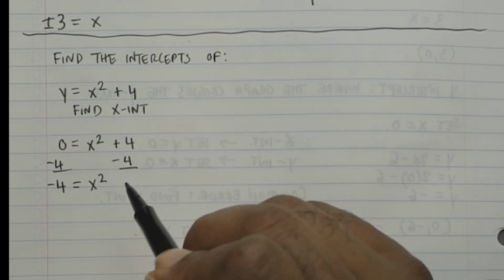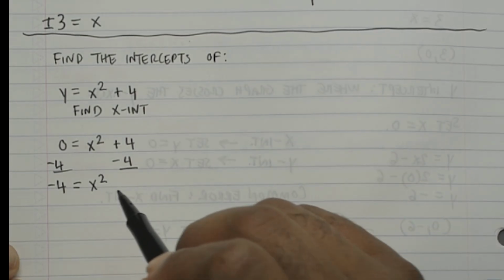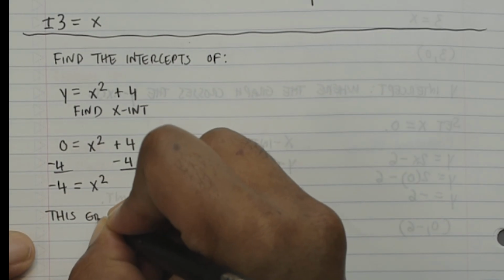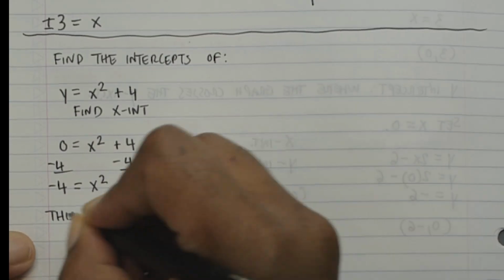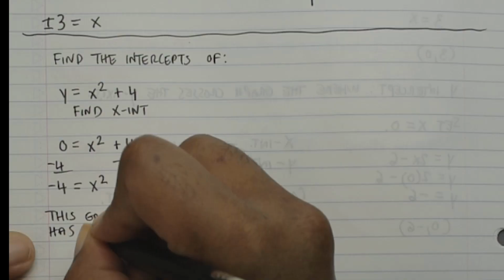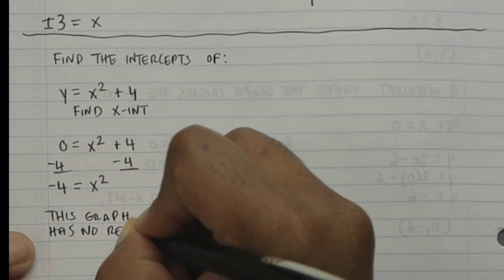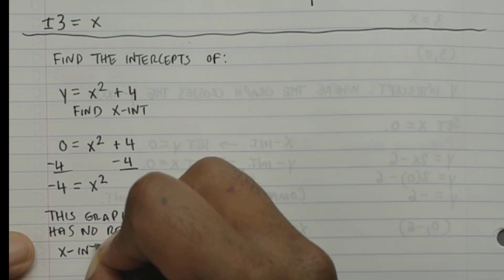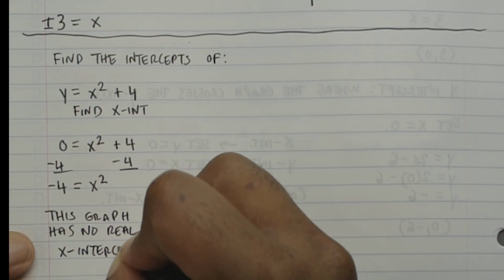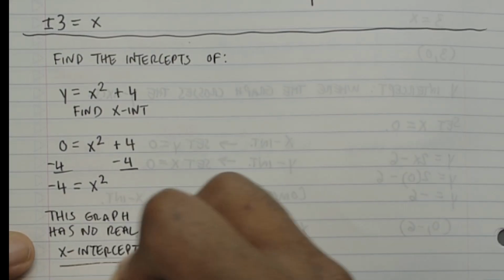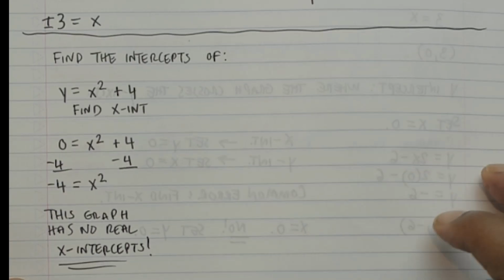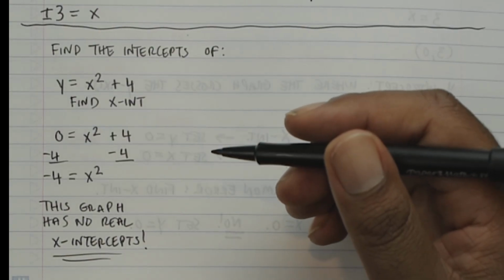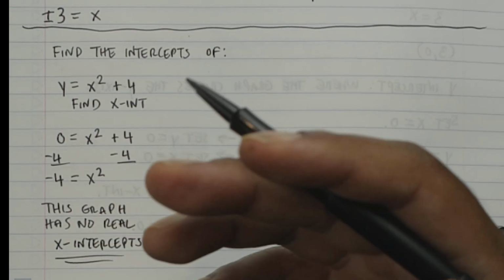Therefore, this graph has no real x-intercepts.